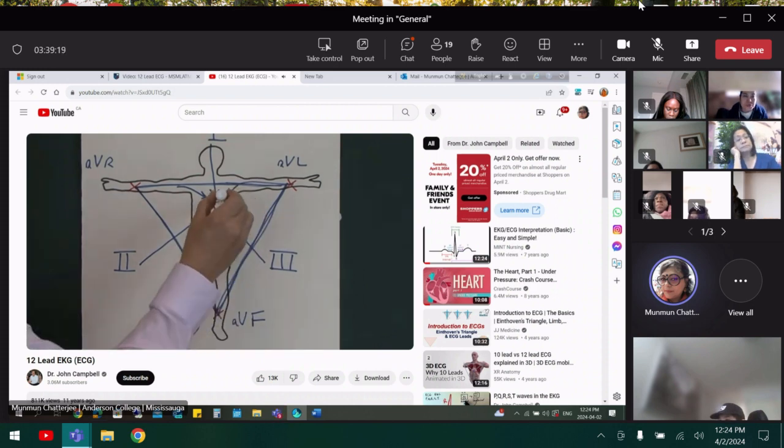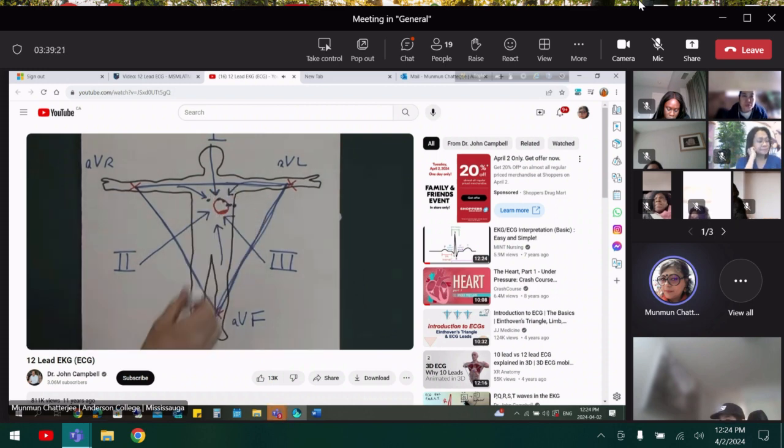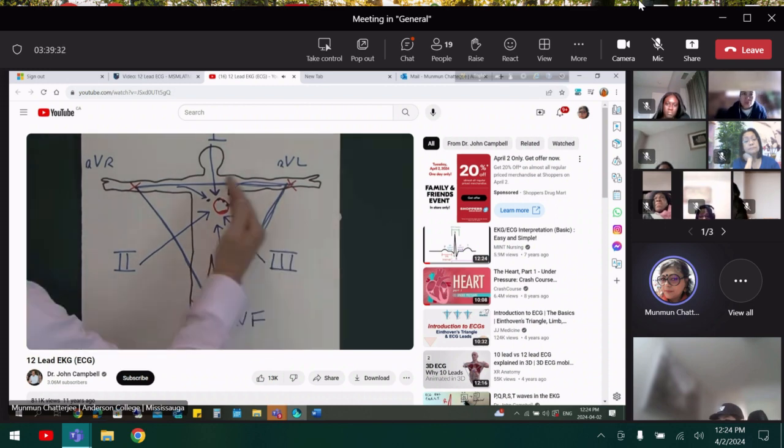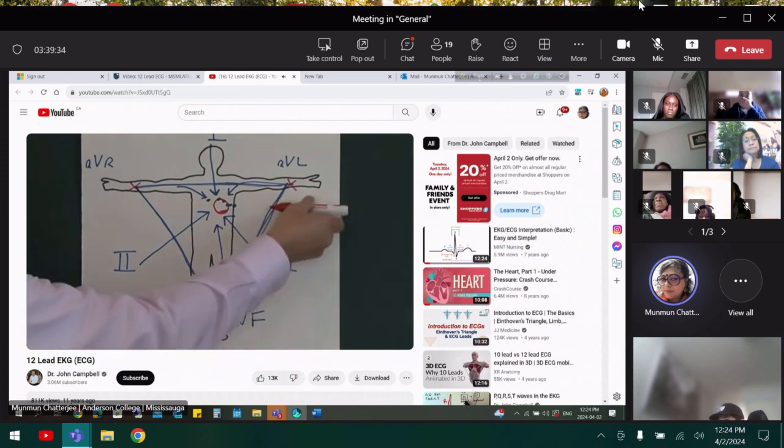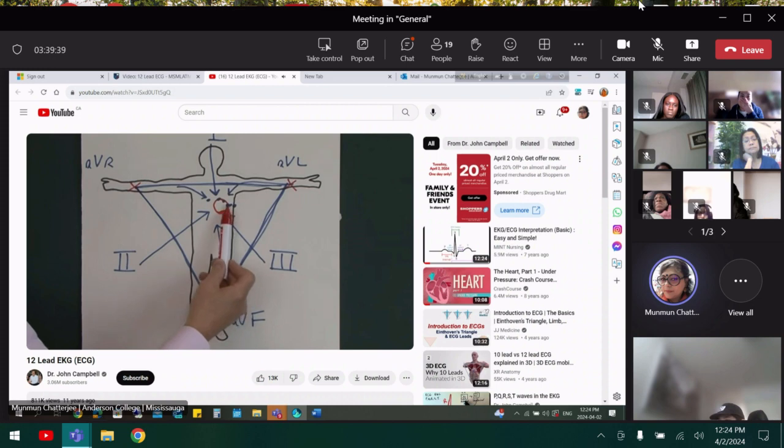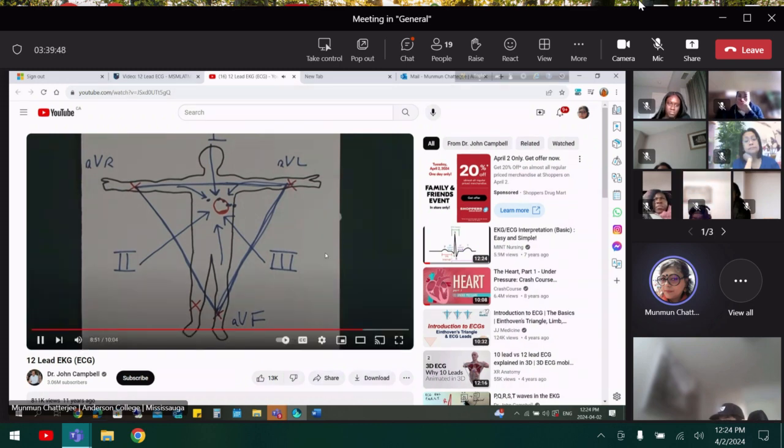They're looking in that way. So if there's an anterior infarction, we'd expect to see that on leads V1, 2, 3, maybe 4. If there's a lateral infarct on the side of the heart, we'd expect to see that looking from the side, and the leads from the side are particularly V5 and V6.